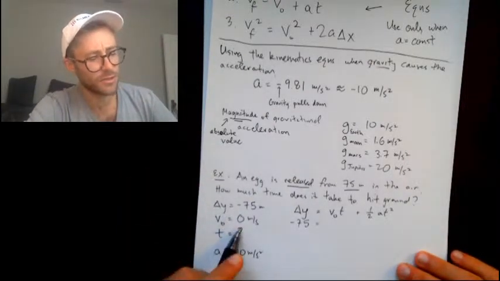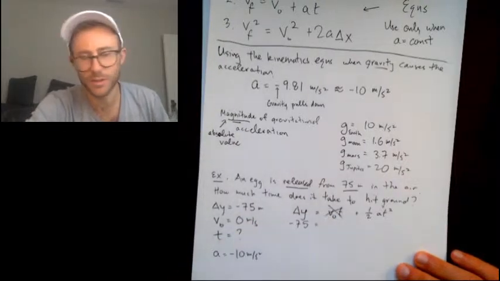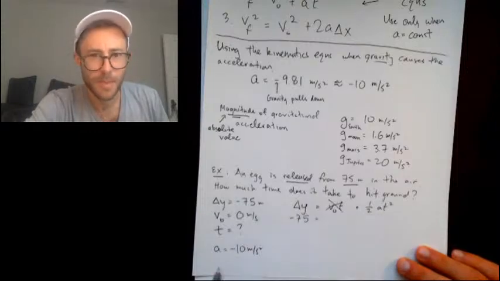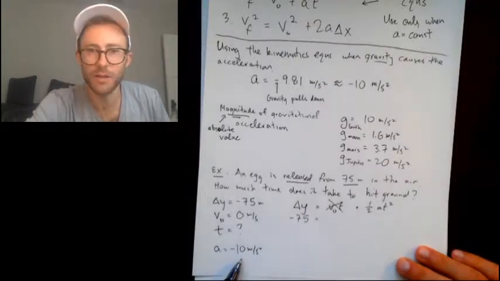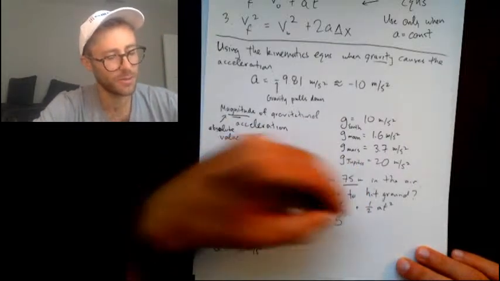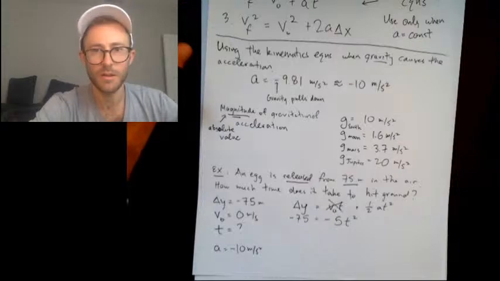I have minus 75 is the vertical displacement, so downward 75 meters. Initial velocity is 0, so that is going to kill this first term. So this term just goes away because the initial velocity is 0. 1/2 a is going to be half of negative 10, which is negative 5. So I have negative 75 equals negative 5t squared. All right.